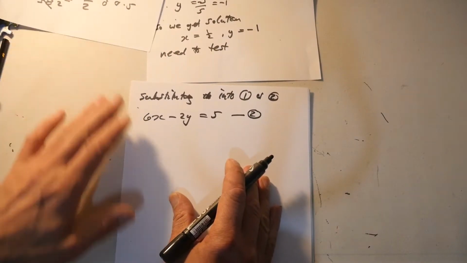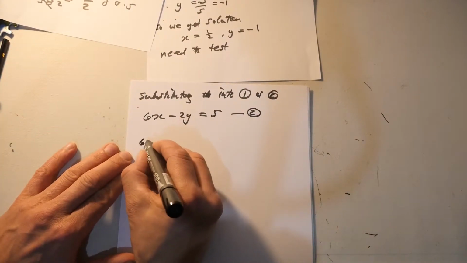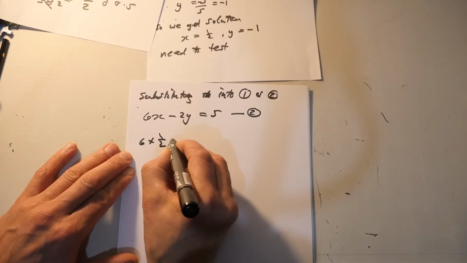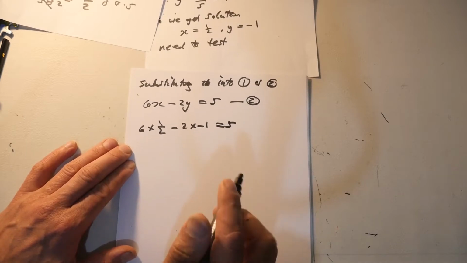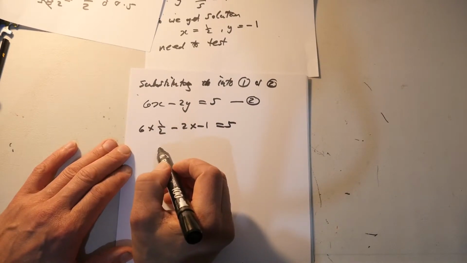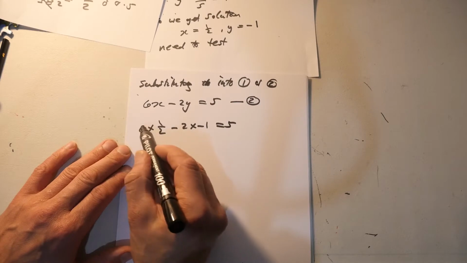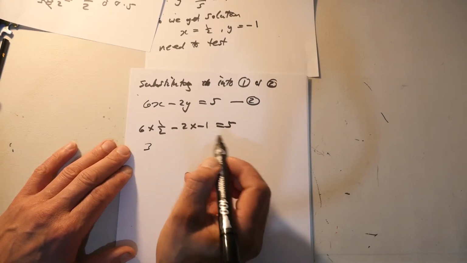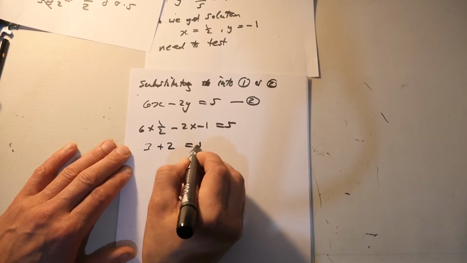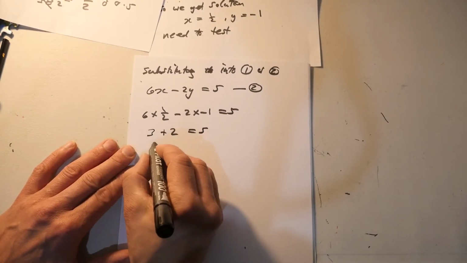We get 6 times a half minus 2 times minus 1 equals 5, okay? So 6 times a half is 3, and minus 2 times minus 1 is plus 2. Okay, so 3 plus 2 is 5.